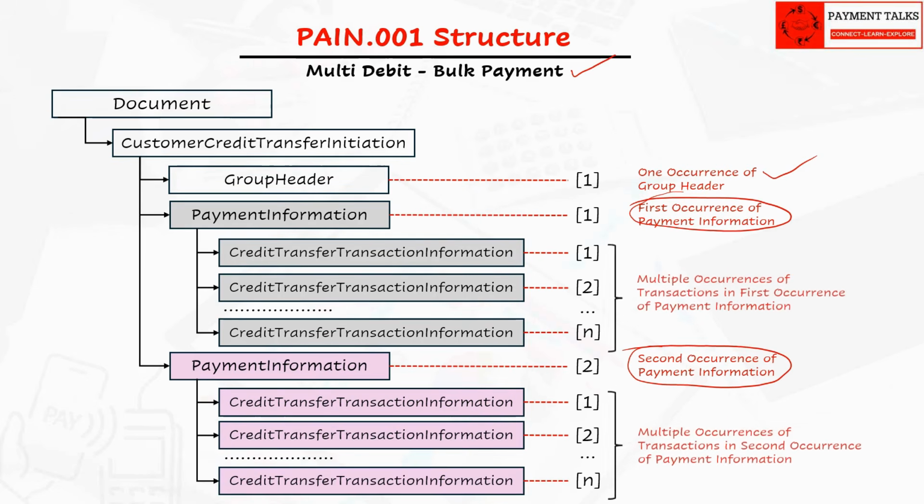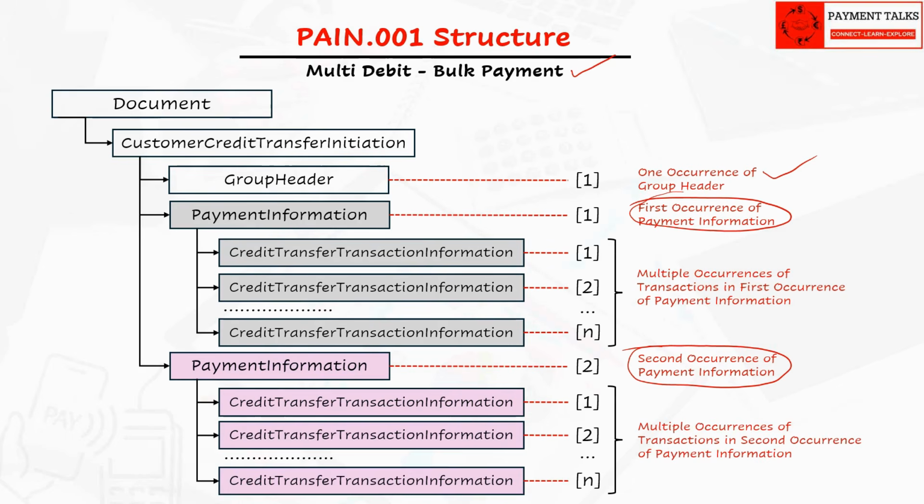So the transaction section which contains this creditor and other transaction level details like amount etc. will be repeated to cover all the beneficiaries. But from which debit account do these beneficiaries need to receive the funds? That is decided by placing these repeated transaction sections under the payment information section from which the funds need to be transferred.